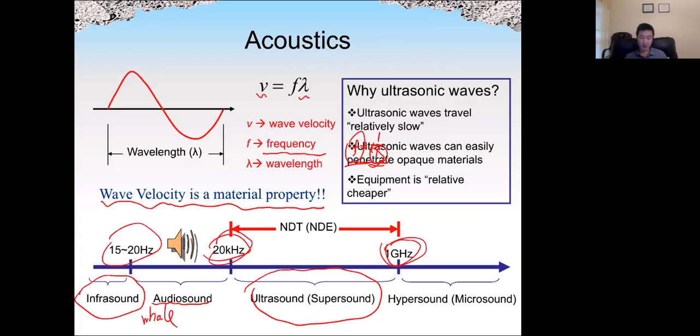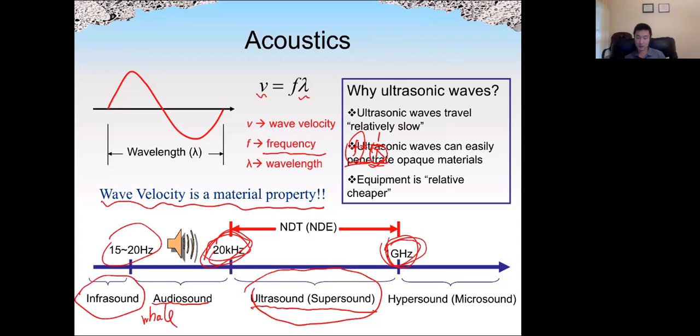Okay, so for NDT, normally we use the ultrasound range, okay, which is between 20,000 hertz to 1 gigahertz. And here is the reason. One is ultrasound waves in concrete travel kind of slow. Okay.